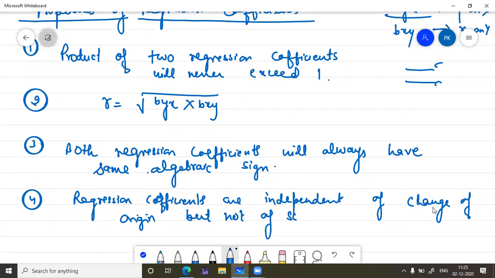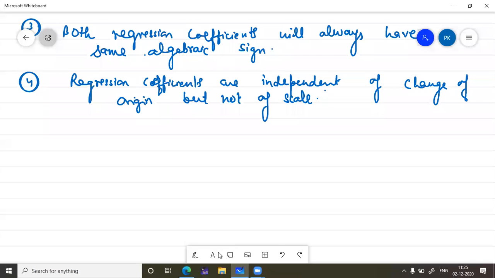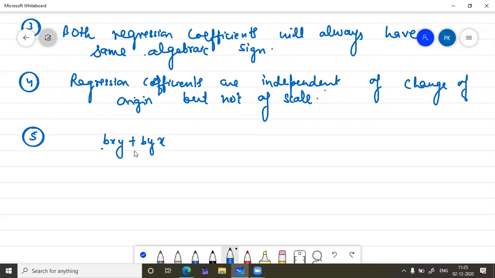It means addition and subtraction have no impact, but if we are talking about multiplication and division, then it is not independent of scale; it will have an impact. And fifth property: sometimes properties are also asked in the exam, so do remember these properties. The mean of bxy plus byx, the mean of these two regression coefficients, will always be greater than or equal to r.